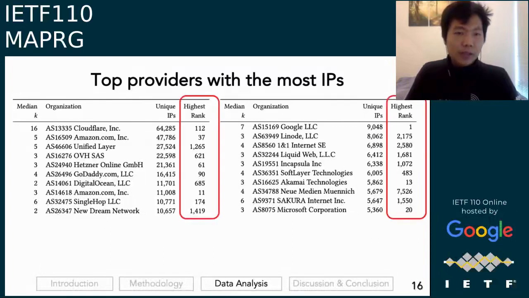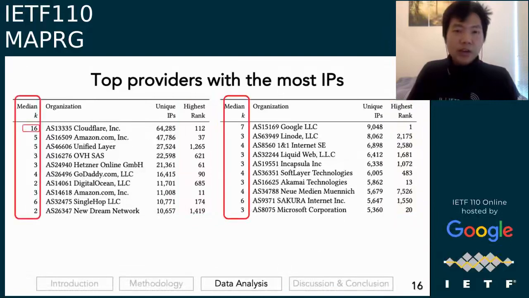And as you can see in the last column, the most popular domains hosted by these providers are well within the top 10,000 rank. However, in contrast to the small providers, the co-hosting degree per IP address offered by these providers is quite low, except for Cloudflare, with a co-hosting degree of 16 domains per IP address that we see from our experiment.